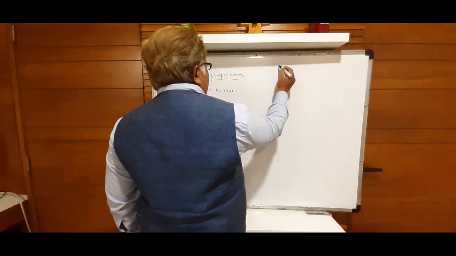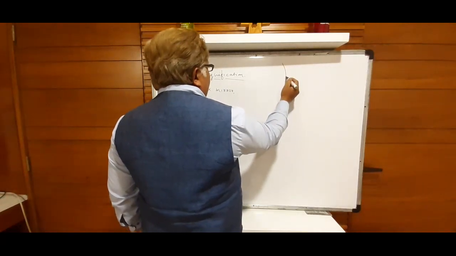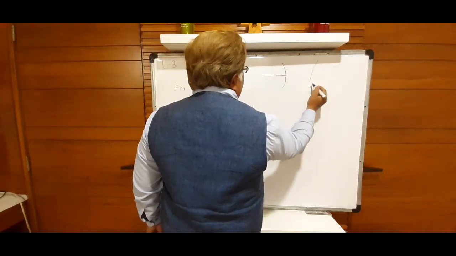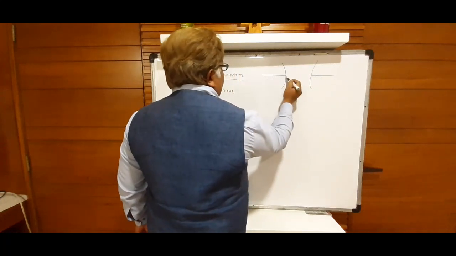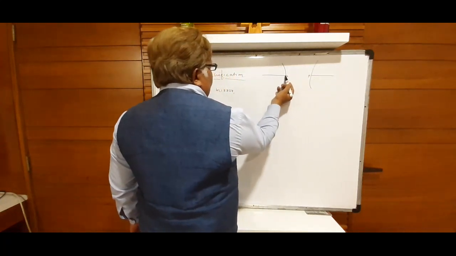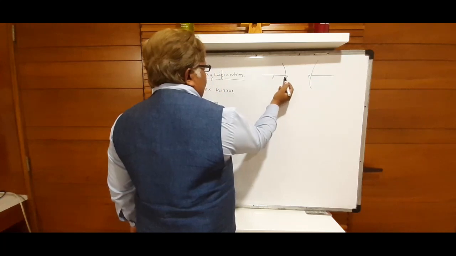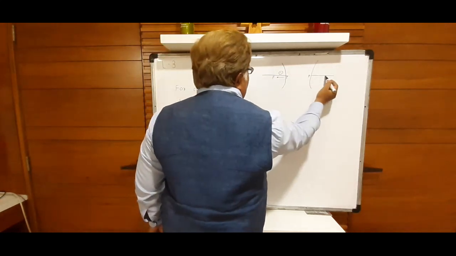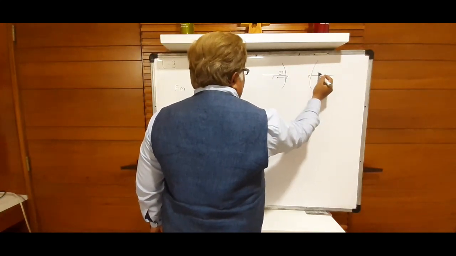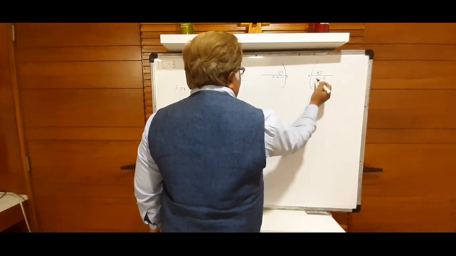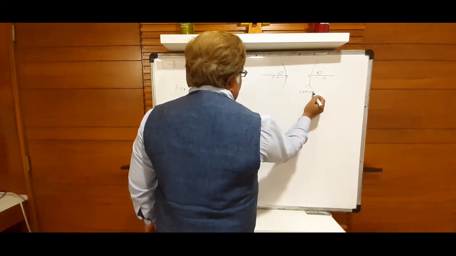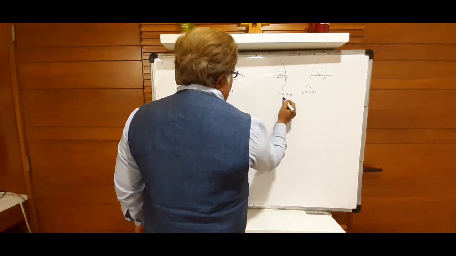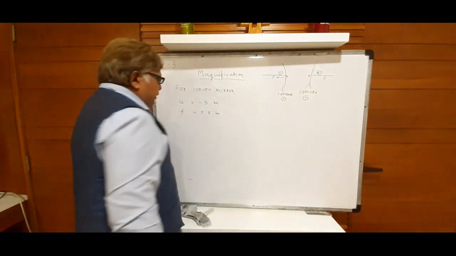Suppose this is concave and this is convex mirror, here is P, here is P. In concave mirror, focus is to the left of the origin, so it is taken as negative. In convex mirror, you are going rightward, so focal length is always positive. In concave mirror, it is always negative. You should be very clear about this.